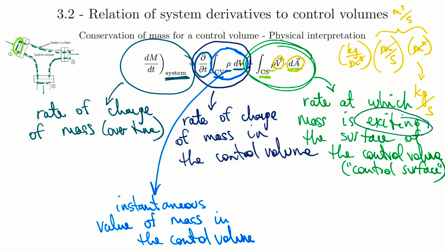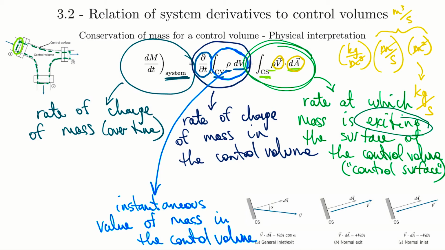The answer to that is we can go back to some earlier math you may or may not remember. I'm going to show it again here at the bottom. When we have a dot product with these vectors, I've shown dA here, which we remember is normal to the surface, and we have the velocity, and the angle between the two is alpha.